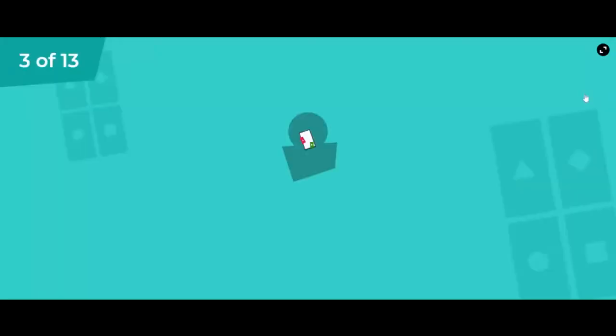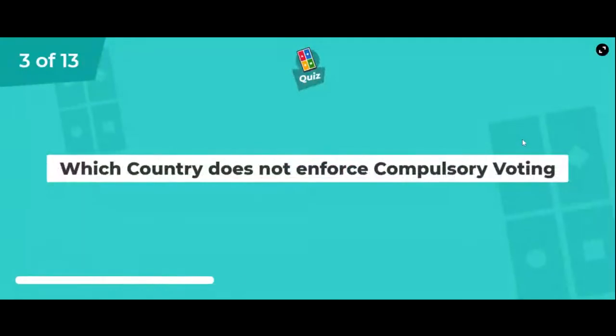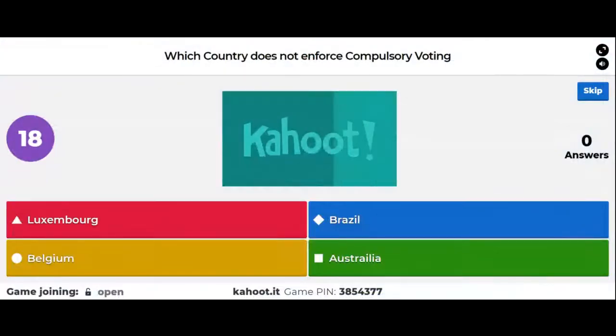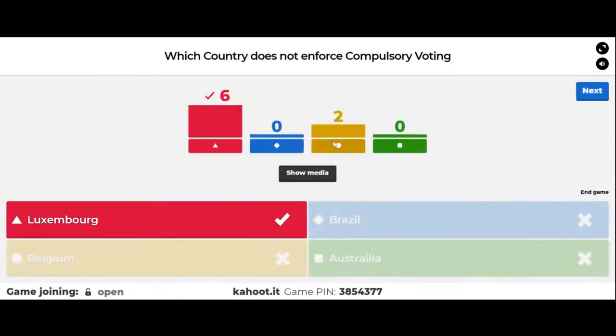Yeah, that's right. Luxembourg, they have it written into law that you'll be fined if you don't participate in elections, but they are known for never enforcing it.